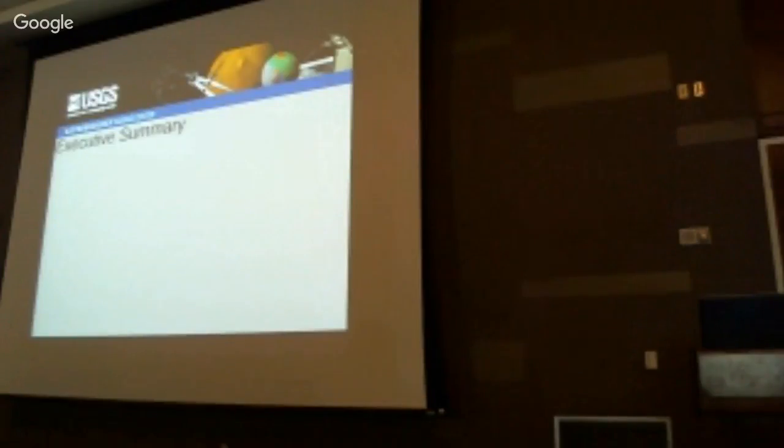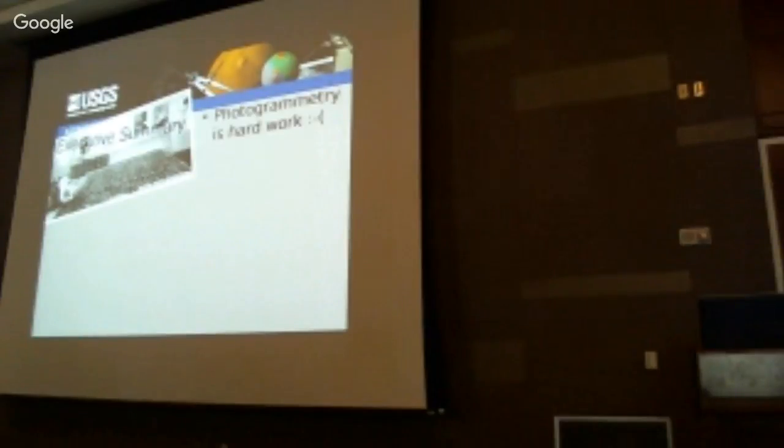Something always goes wrong. User intervention is always required, and when something does go wrong, it helps to have a knowledge of what's going on in the background. So, in an effort to protect my job, and speaking for photogrammetrists everywhere, I'm here to tell you that photogrammetry is hard.